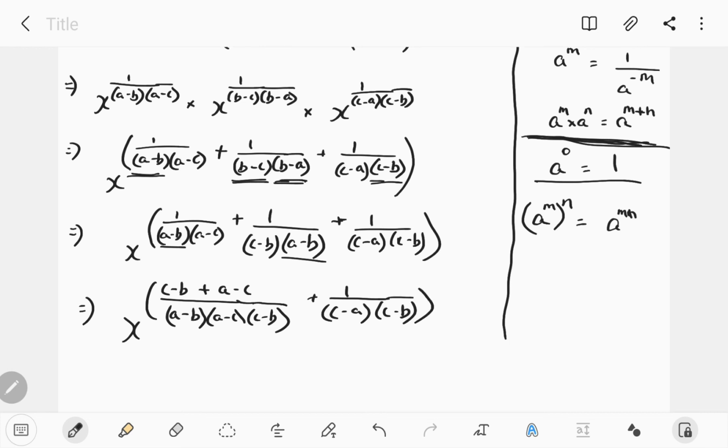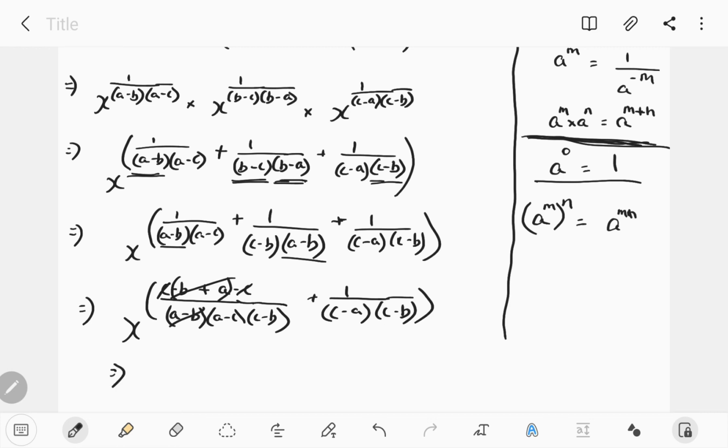Now here you can see c and minus c will cancel one another. I am left with a minus b. And a minus b in the numerator and denominator, we can cancel them. Okay, so a minus b here will cancel with a minus b in the denominator.